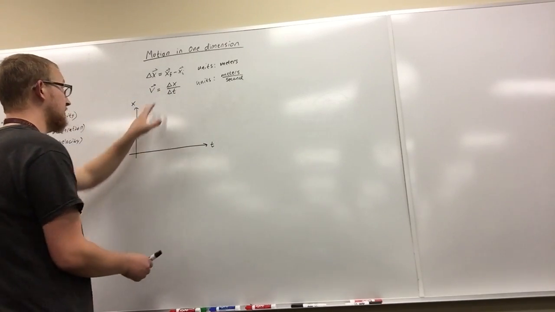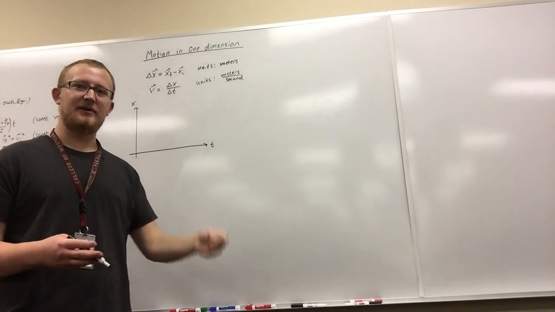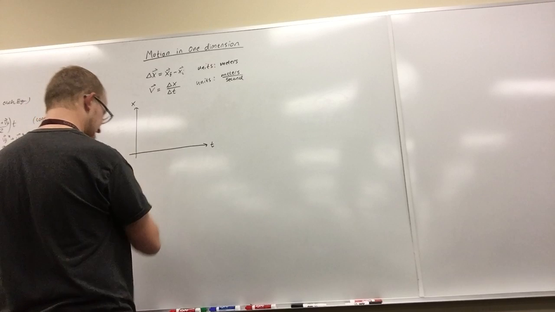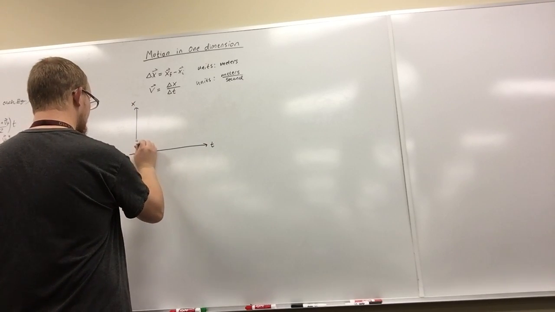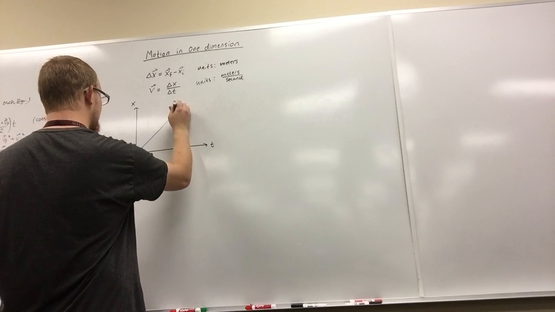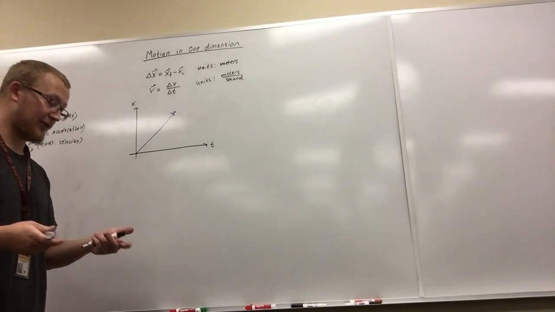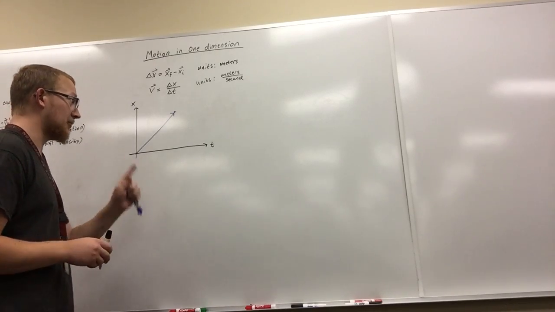If you have a constant velocity, like for example, you're going 4 meters per second, then let's say this is your initial point, and you're moving up here, and you're going to your final point, and you're going at 4 meters per second. Well, that is representative of a slope, right?